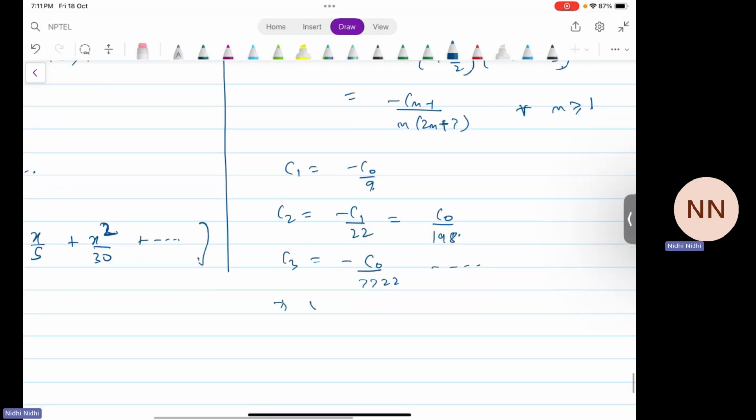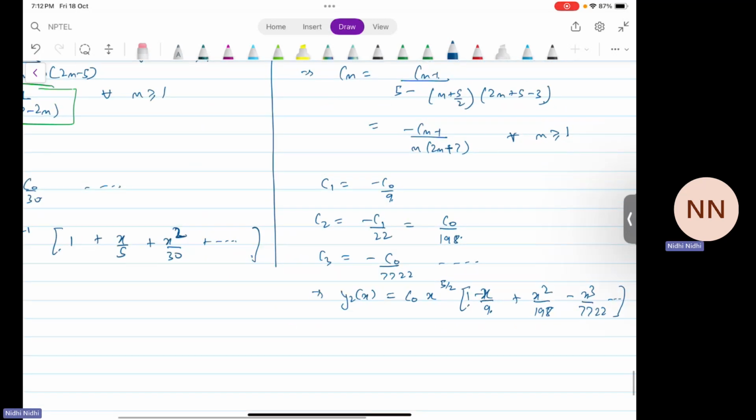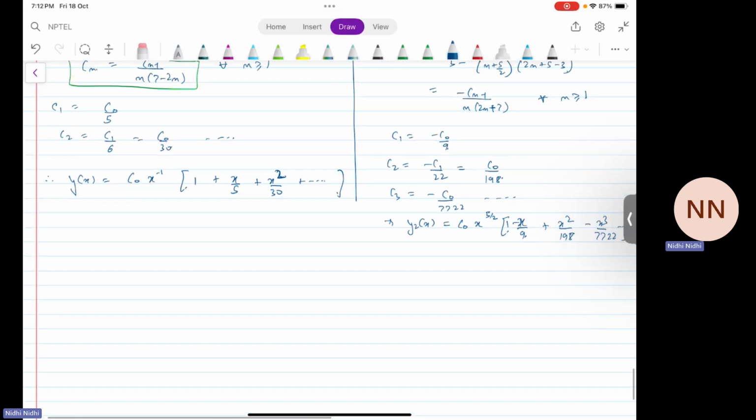This gives us y2(x), taking C0 and x to the power r common, equal to 1 minus x by 9 plus x square by 198 minus x cube by 7722 and so on. So our general solution is a linear combination of y1 and y2.